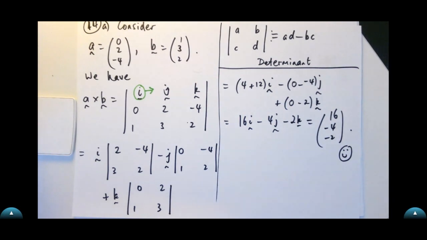What else have we got here? Let me have a look. Let's go to the scalar triple product. Okay. So I'm just going to look at my PDF here, and I'll bring that up now.